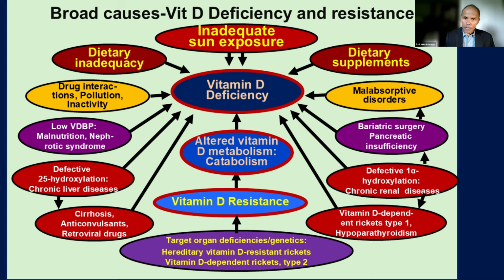And sometimes these patients need a 50,000 capsule on a daily basis, even children, to raise their serum level to about 30 or 40, because it simply doesn't happen. Similarly in hypoparathyroidism. So all these causes result in a target organ deficiency syndrome related to unavailability of the vitamin D.